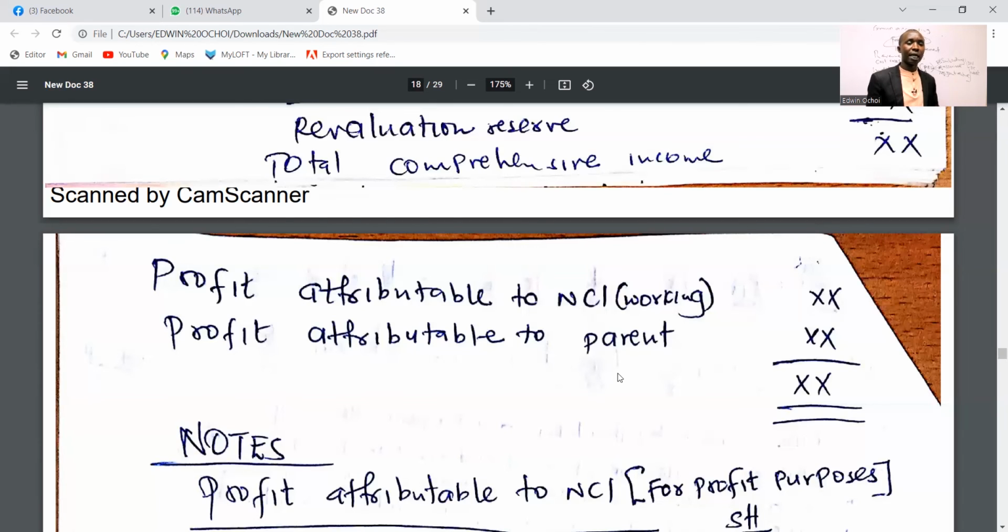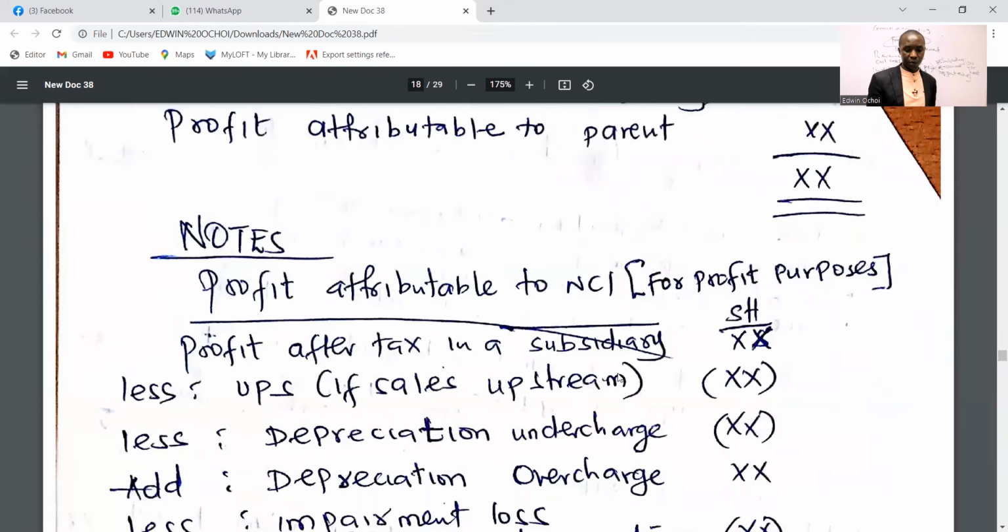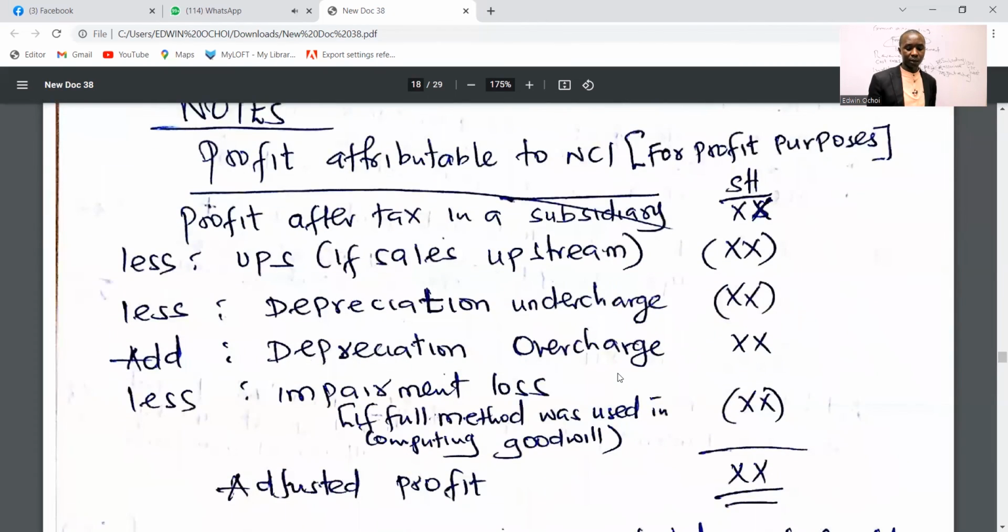No. That profit after tax of the subsidiary might have been understated or overstated. Why? Because of this. You need to adjust that profit after tax in subsidiary by deducting UPS if the sale was upstream. Because if the sale was upstream, the subsidiary had done what? Realized the profit which the parent had not realized. So meaning that the profit of the subsidiary is overstated by what the parent never realized.